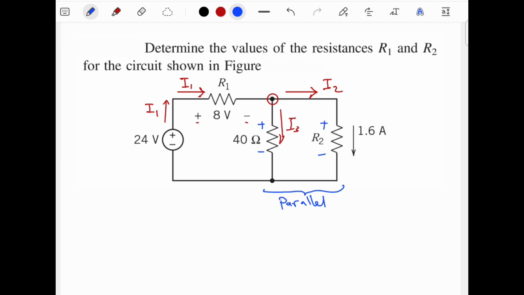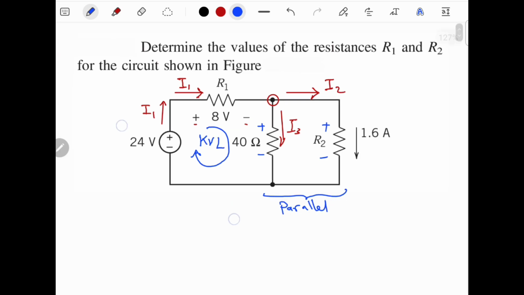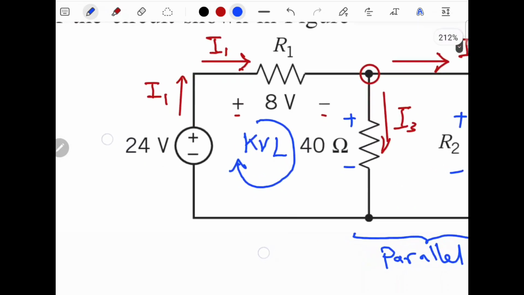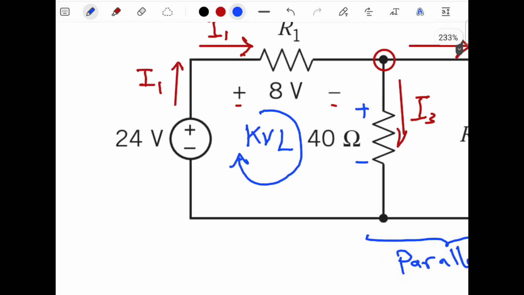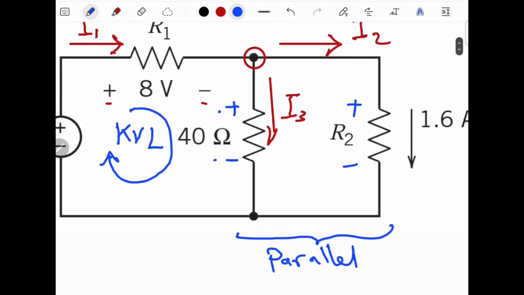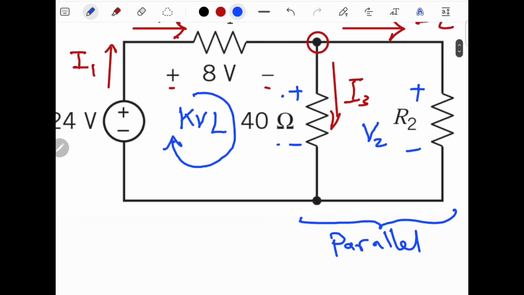So one will notice that if you apply KVL in this loop, you will be able to figure out the voltage drop across the 40 ohm, which is equal to the voltage drop across R2, and let's call this V2. So this also has a voltage drop V2.